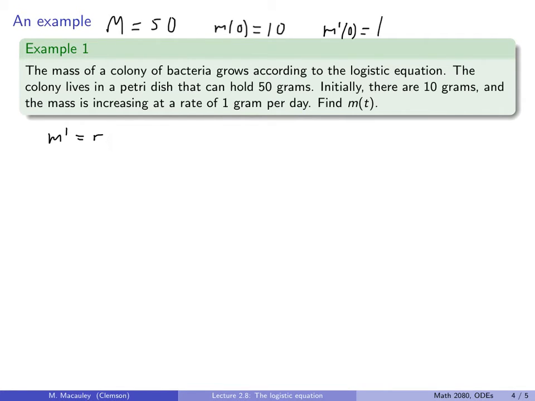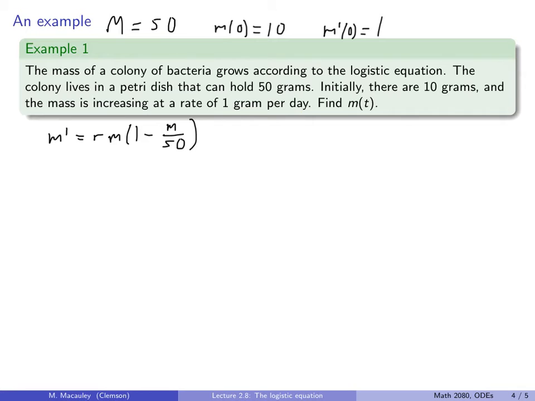Let's see, r times m times 1 minus m over 50. I'm doing this off the top of my head. And remember, these m's you see here are lowercase m's for mass.